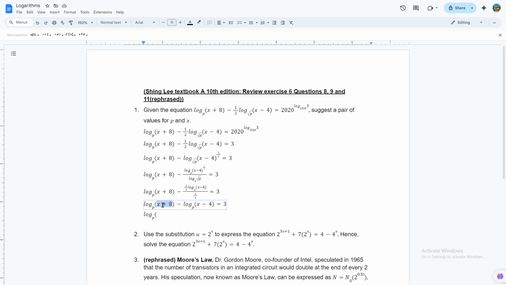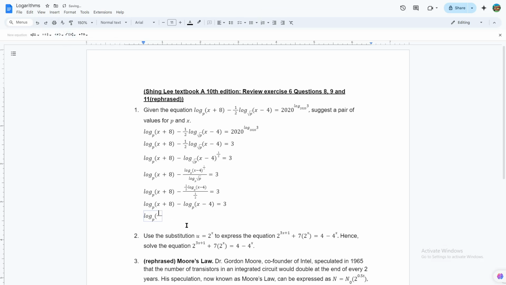You have to divide x plus 8 by x minus 4. So we got this (x plus 8) over (x minus 4), and this will give us 3.